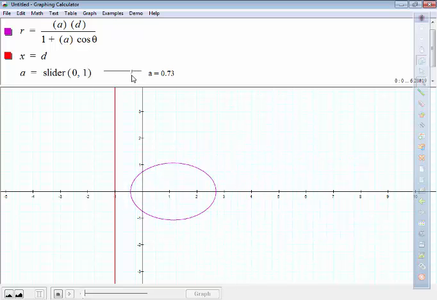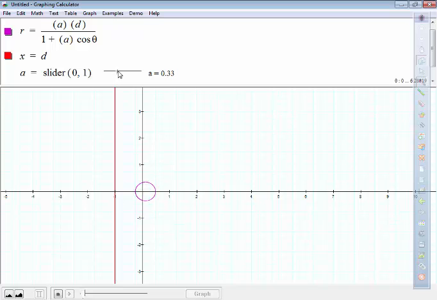So here are examples of ellipses with a fixed directrix. Their directrix is at -1. And when we have a small value for your eccentricity, like 0.2, we have a shape that almost looks like a circle.